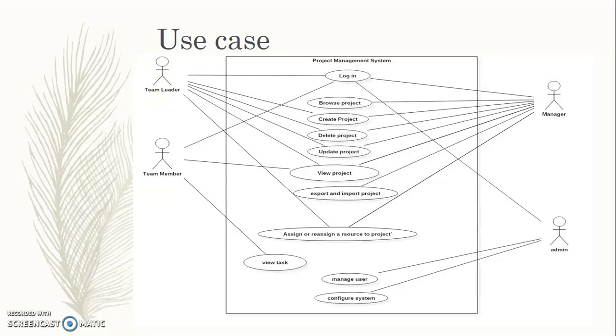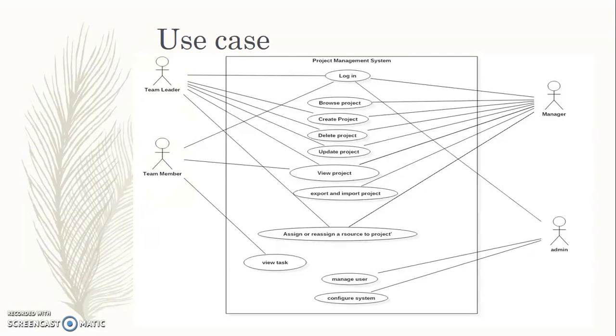Basically, we have four actors. Each actor has their own role, but all of the actors need to log in to the project management system first. For your information, all the roles and actors have their own constraints. For example, if you are a team member, you cannot simply enter the system to create a project.